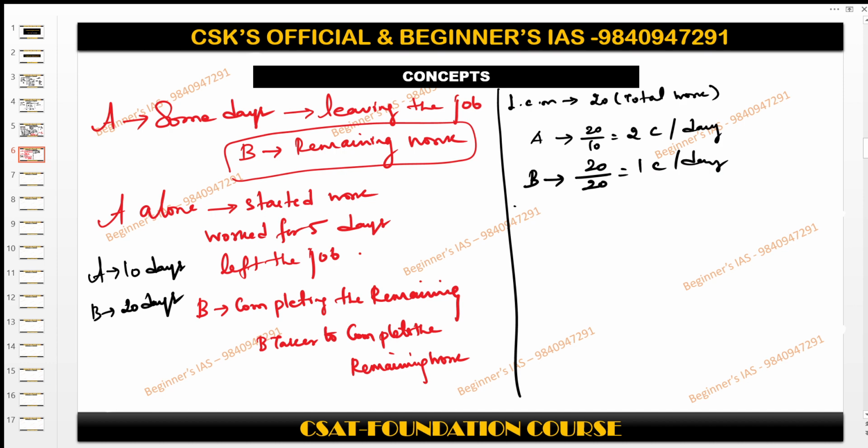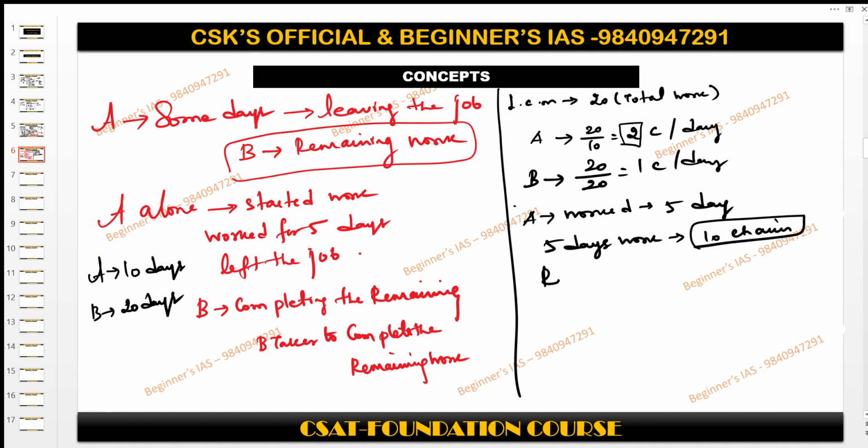Now, how many days worked by A? A worked for 5 days. One day making 2 chairs, then 5 days work is equal to what? 10 chairs. So what is the remaining? That is the question here.